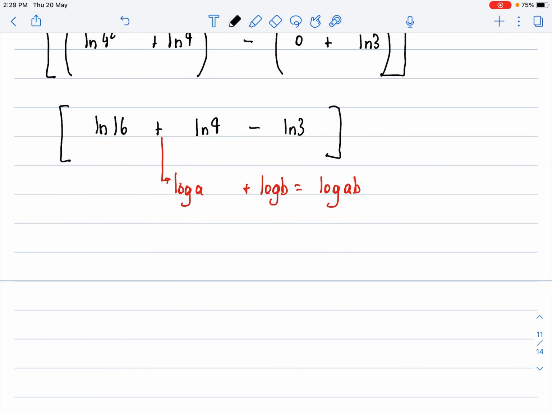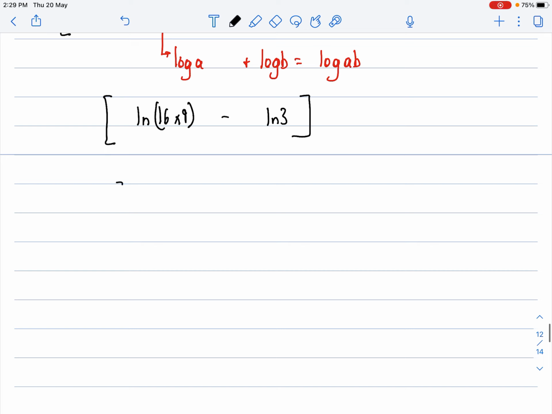So using this property, I can write this as ln 16 into 9 minus ln 3. Now I can simply do 16 into 9 on the calc. So the value I get here is ln 144 minus ln 3.